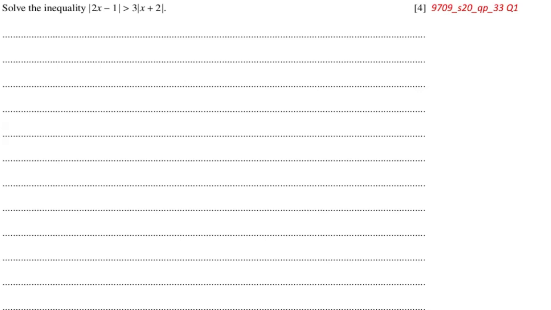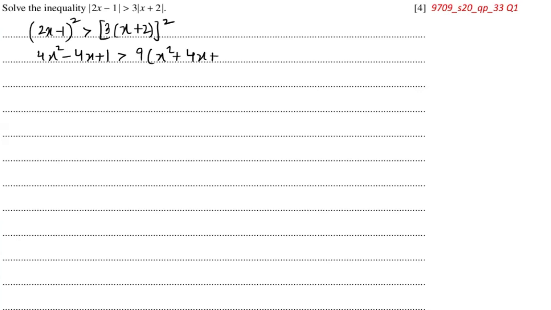So how do we start with these inequalities? Square both sides first. And you need to square this 3 as well. So let's just write it once like this. And 4x squared minus 4x plus 1 greater than, this will be 9 times x squared plus 4x plus 4.